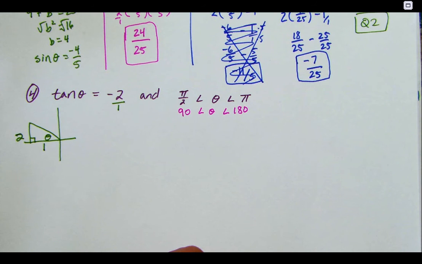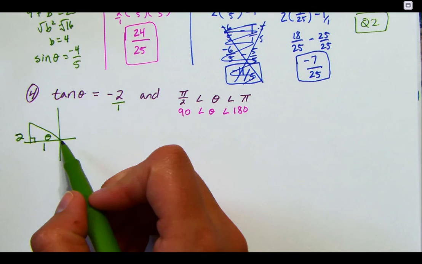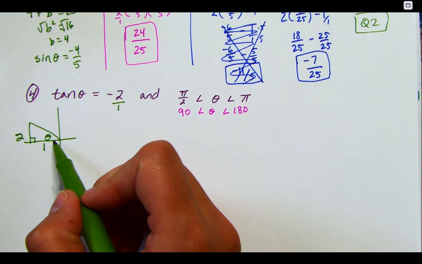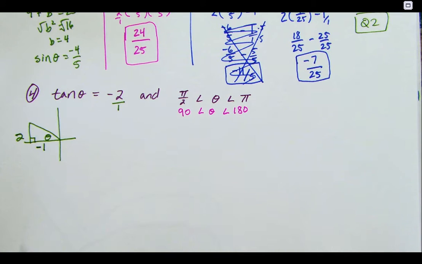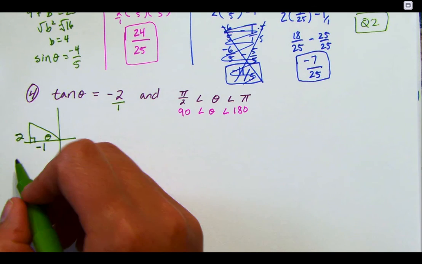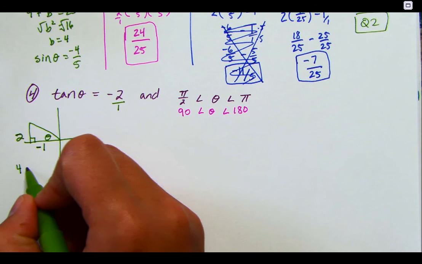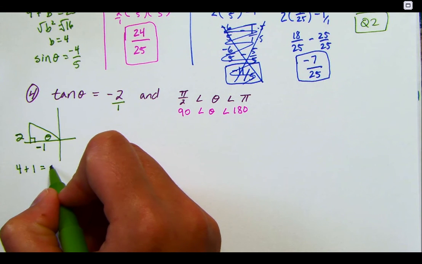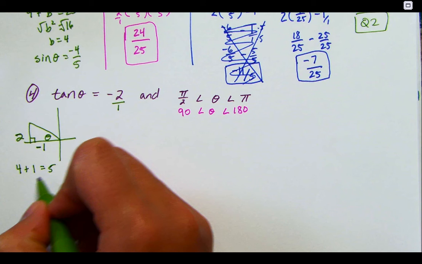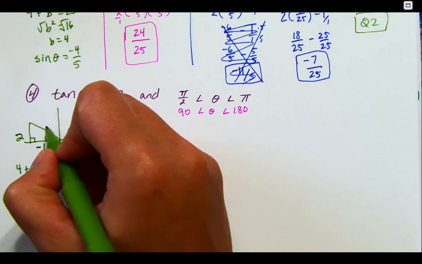And then I have to decide where the negative goes. So the negative has to go with the 1 because this is going to the left, whereas this one is going up. And then to find the hypotenuse, 2 squared is 4, -1 squared is 1, and that equals 5. And I would have to take the square root of that to get this by itself. So this will be the square root of 5.